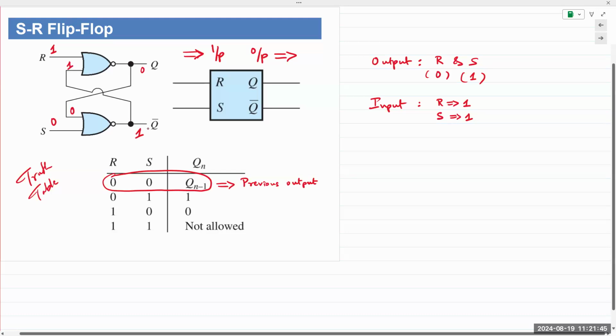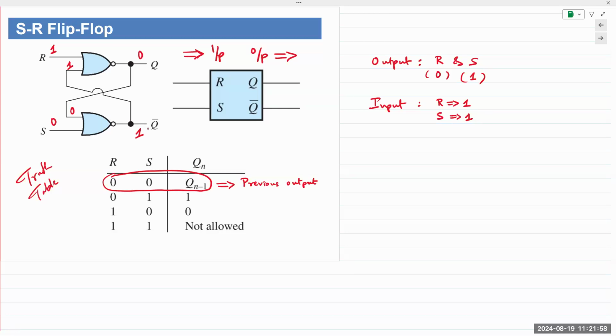That 1 is fed back here to the input of the top gate, and the output Q remains at 0. And that 0 is then fed back to the bottom gate. Q naught stays at 1, which is fed back to the top gate, and Q remains at 0. And the cycle continues. As long as the inputs stay at 1 and 0, the outputs are 0 and 1.